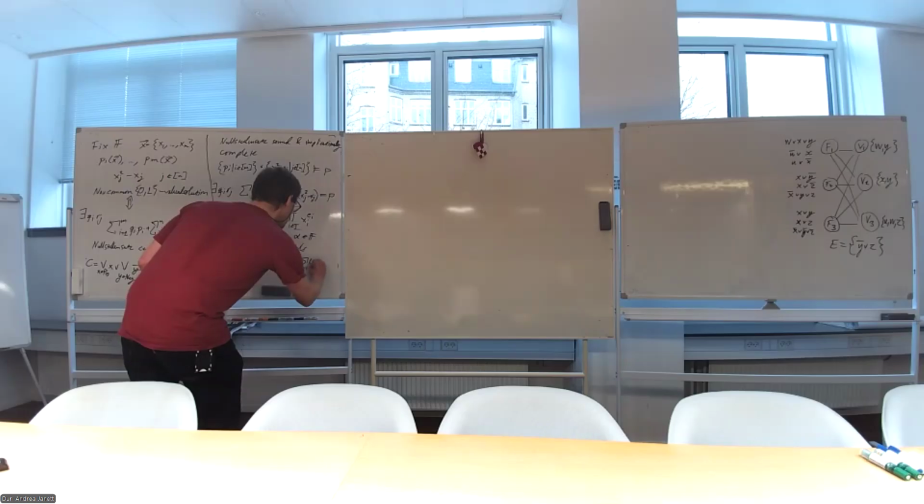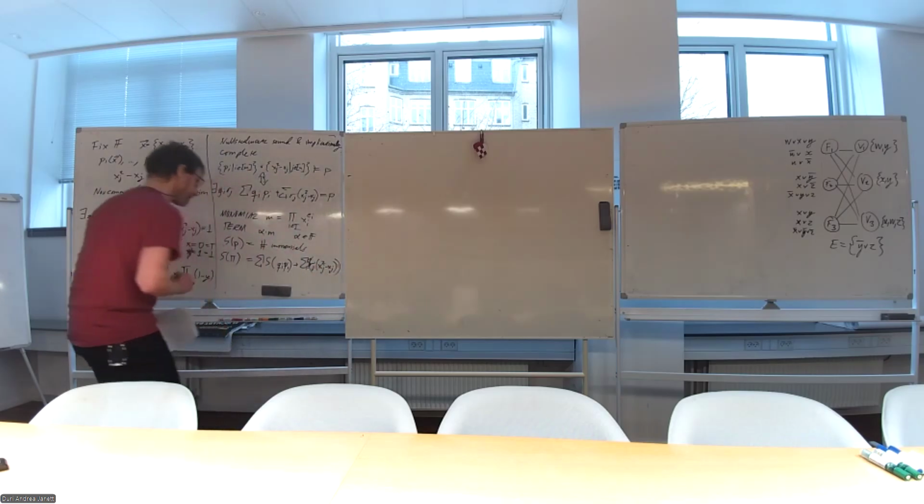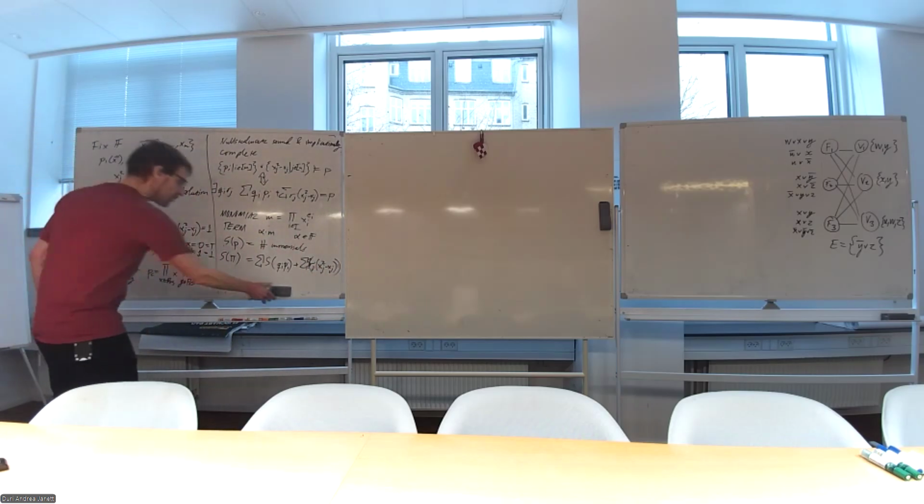What did I mean? I mean Rj times xj squared minus xj, I guess what I meant, and then the size of that. Okay, that's the size of a Nullstellensatz proof.